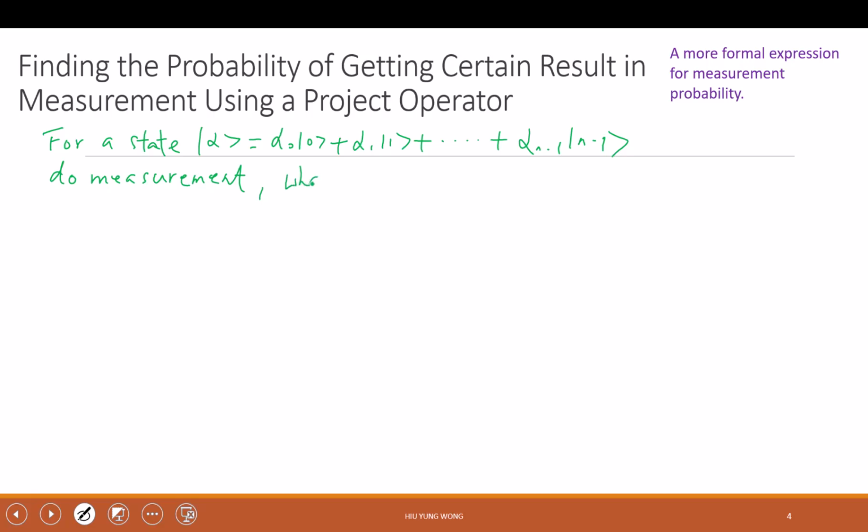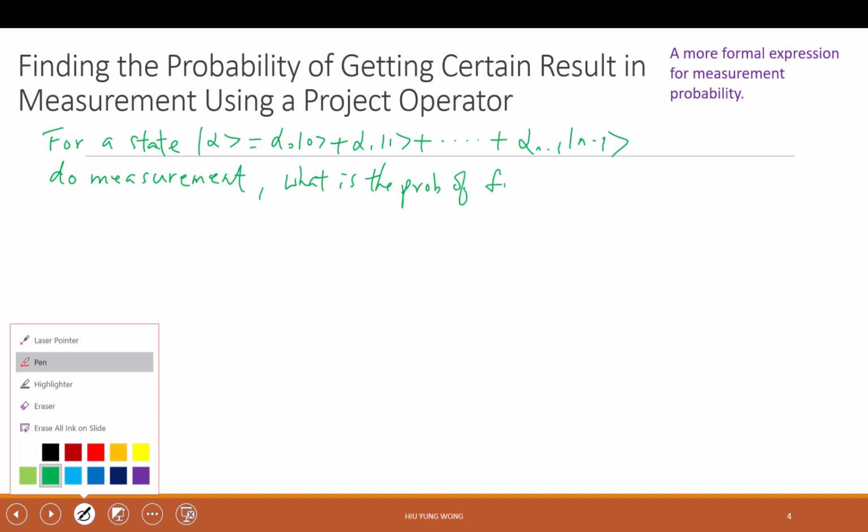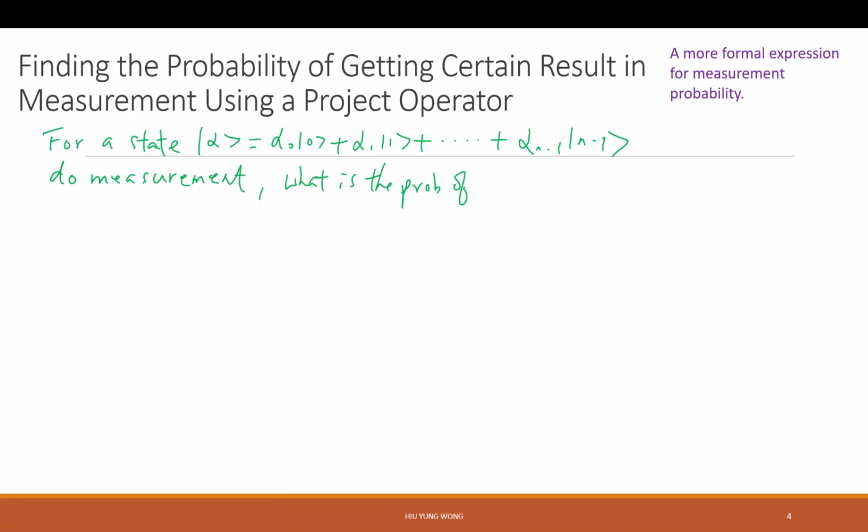So what is the probability of getting state J? What is the probability I will get the basis state J? For measurement, this is a superposition state. Now you know what superposition is: a superposition of many basis states. I do a measurement, what will happen? We said it at the very beginning of the class. Collapse.